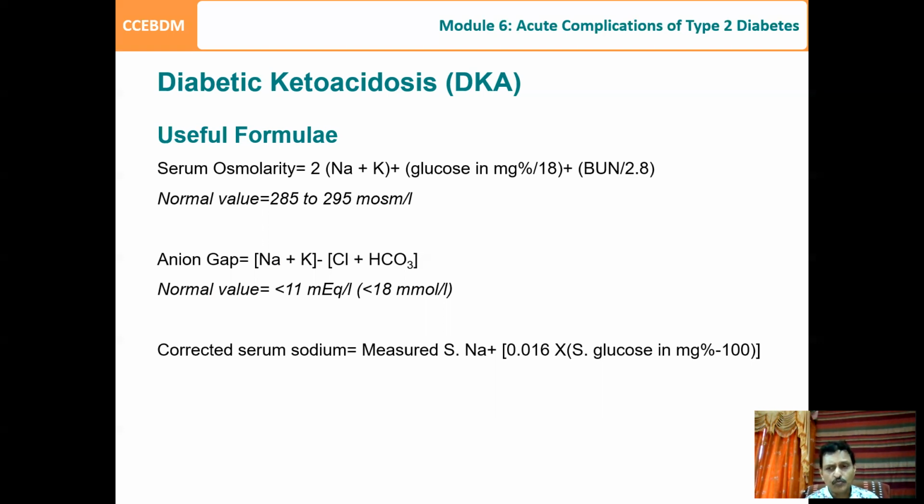That is why there is a gap. This gap conventionally is less than 10 or 11 milliequivalent per liter. Then you can measure the corrected serum sodium with respect to the glucose, because when there is severe hyperglycemia, there is usually a change in the serum sodium value, and we can calculate the corrected sodium value on the basis of the glucose value in the blood.